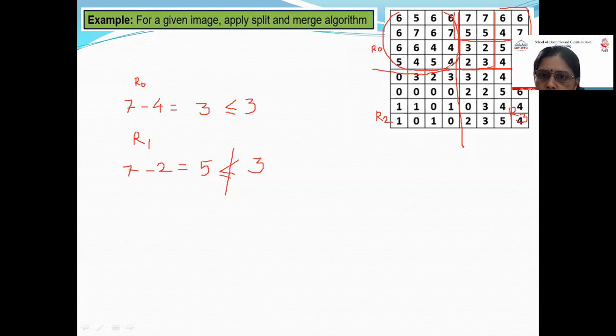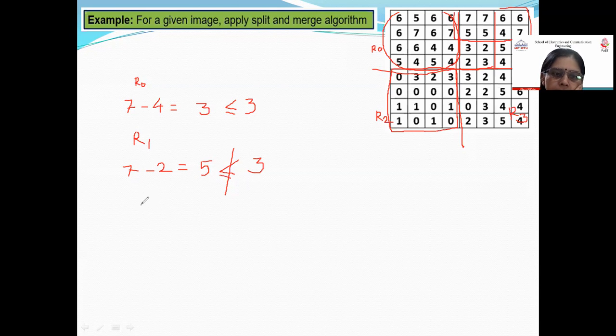Then what about R2? Whether it satisfies the homogeneity criteria. Now tell me about R2. Yes or no? Whether the region is homogeneous.